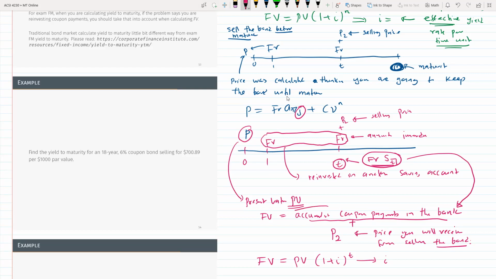Why do you need to calculate the accumulated value? Why not just say it's t times Fr? This is because the reinvested coupon payments are growing in the saving account.